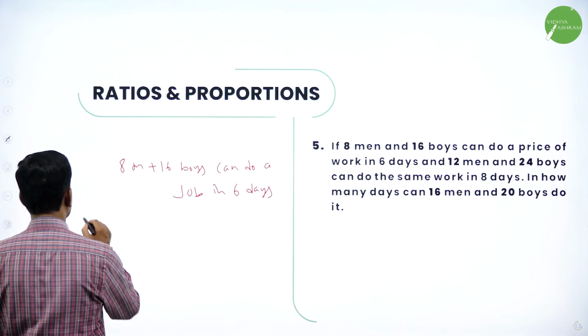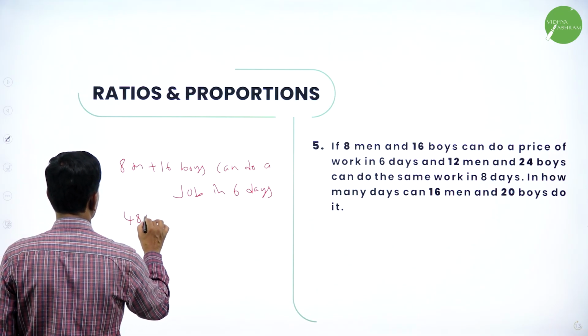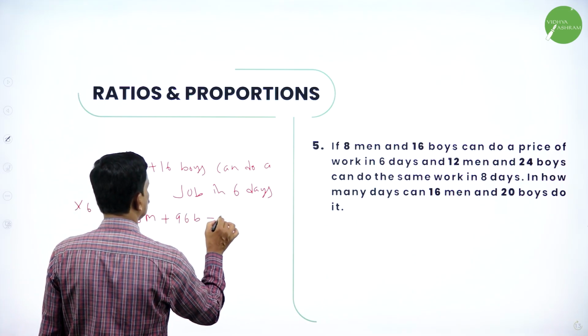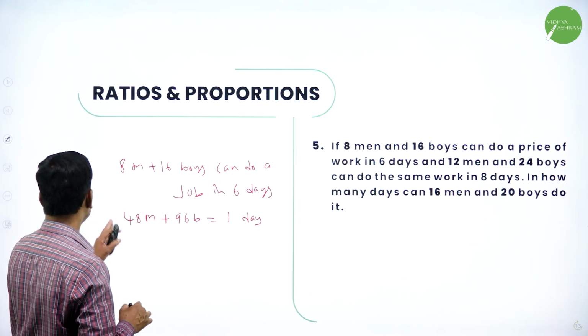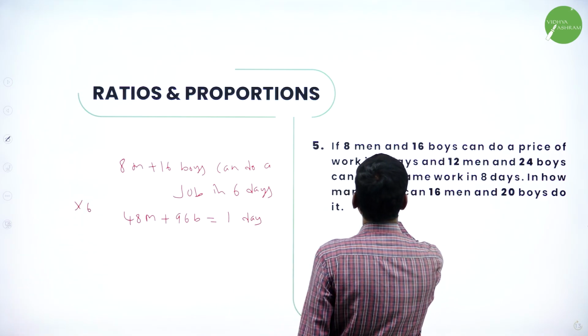Just multiply by 6. Then 48 men plus 96 boys can do the job in 1 day. So for 1 day, just multiply by 6.